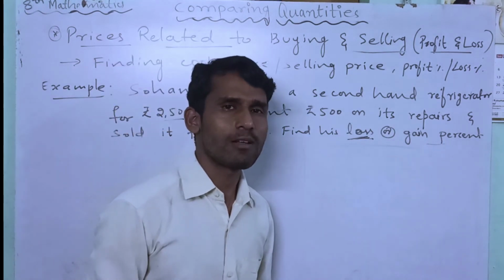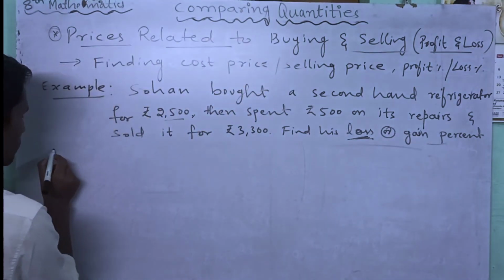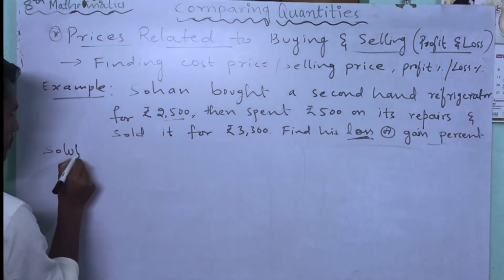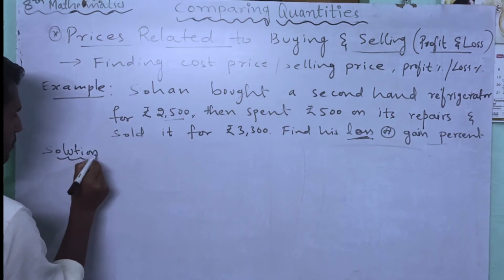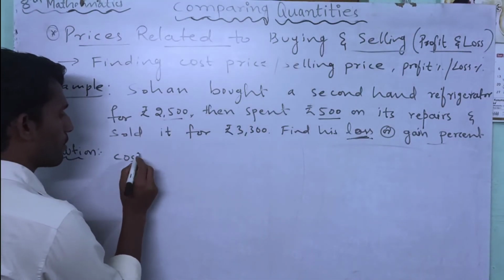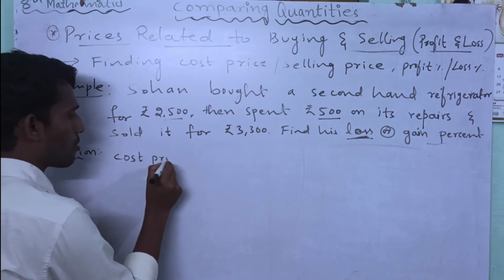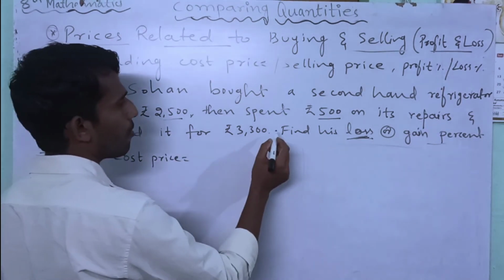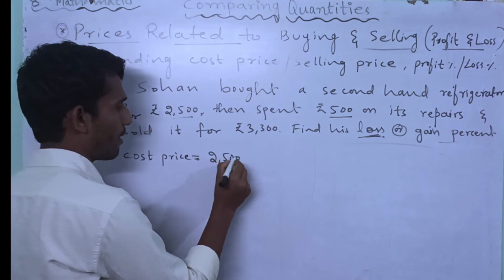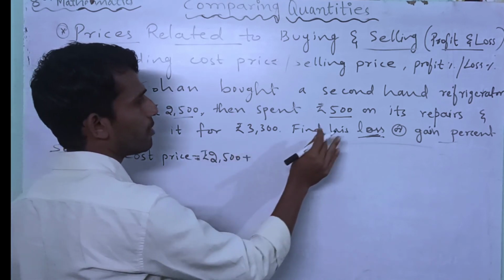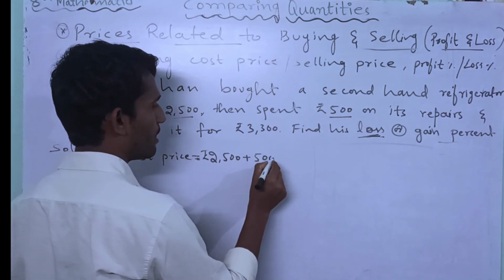Dear student, let us see the solution. Cost price: the cost price is 2,500 rupees, and he spent 500 on repairs. This is the expense.